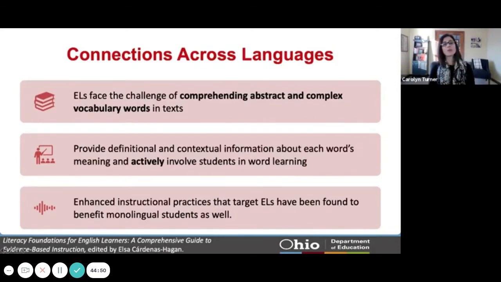All right, so when we think about what this looks like across languages, and we think about the challenges that our English language learners face, they face the challenge of comprehending abstract and very complex vocabulary words. They are just words on a page.